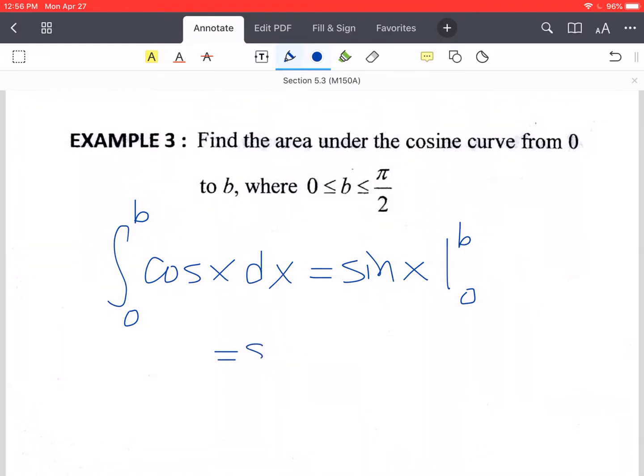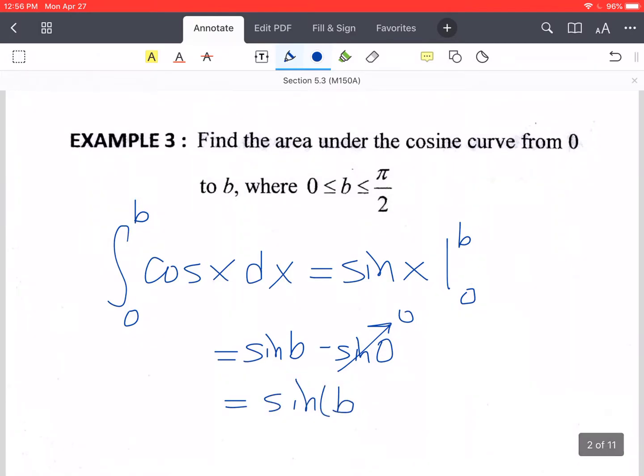So that gives us sine of b minus sine of 0. Sine of 0 is 0. So we're just left with sine of b.